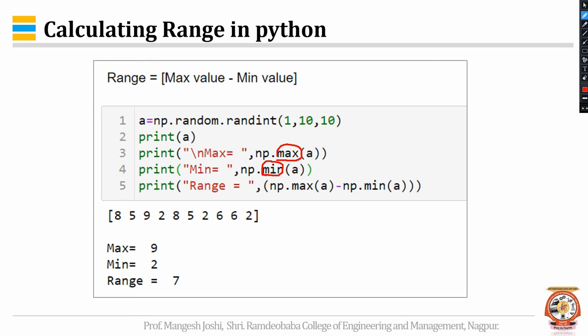And to calculate range, you have to print np.max(a) minus np.min(a). You can see that the dataset is this. Maximum value is 9, minimum value is 2, and range is 7. That is 9 minus 2 is 7.